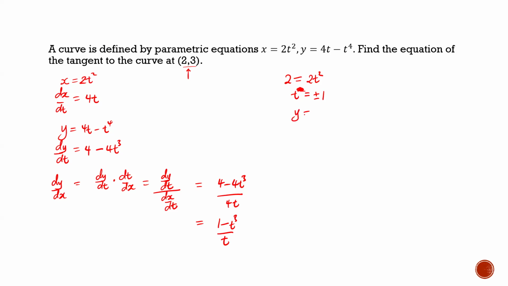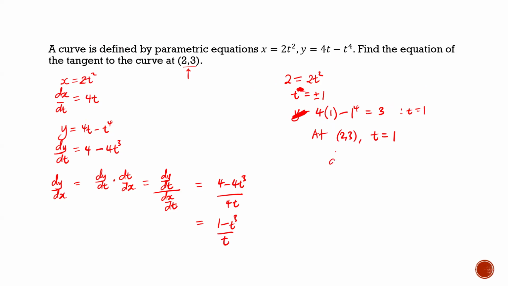When we substitute t being positive 1 into that equation, we'll get 4 times 1 minus 1 to the power 4, which is 3. So that means t is positive 1. You can see if you substitute negative 1, then you wouldn't get 3. That would be a different point. So at the point (2, 3), t is equal to positive 1.